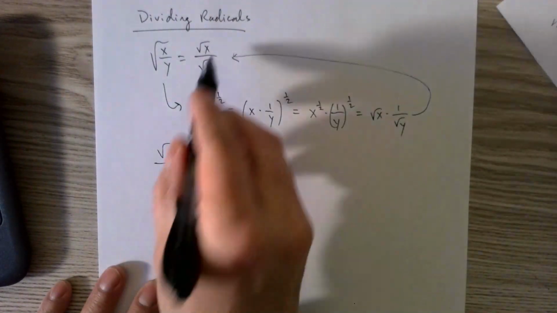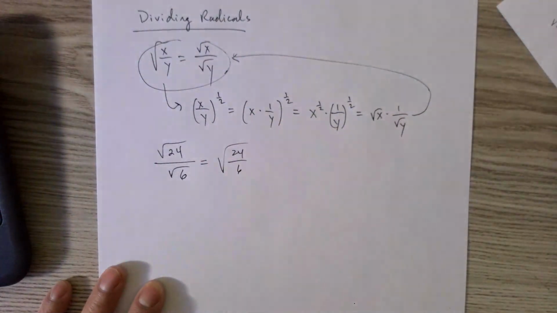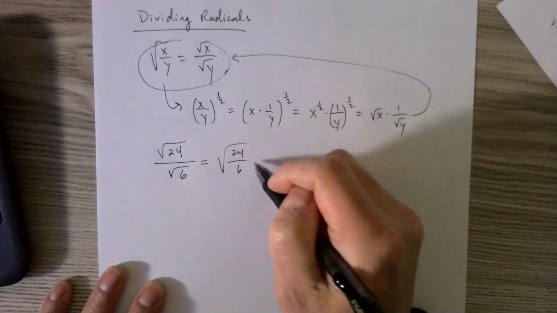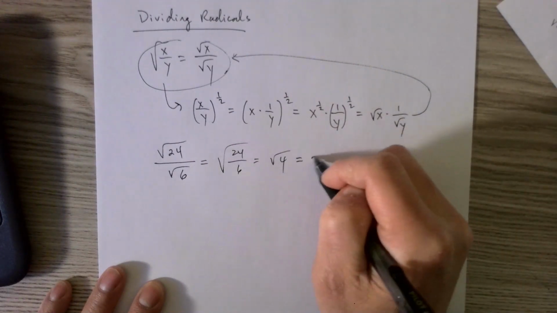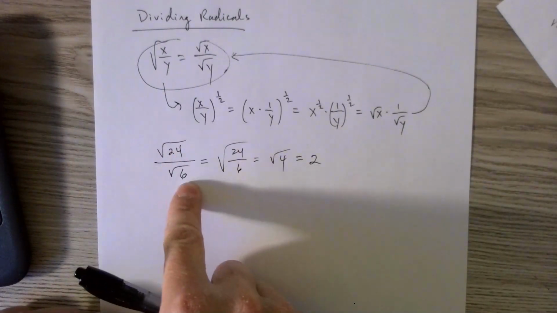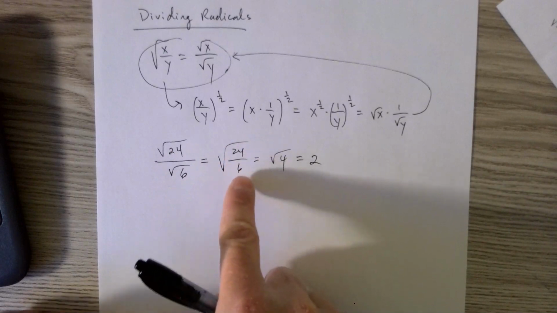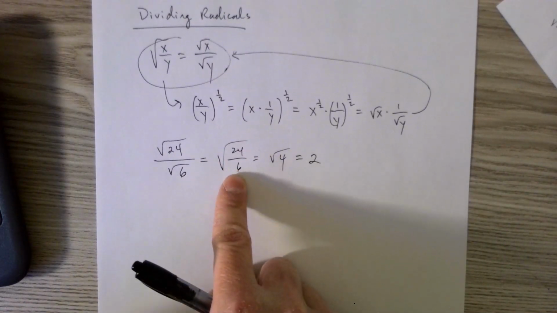So by this rule, I'm allowed to write this as rad of 24 over 6. And 24 over 6 we all know is 4. And square root of 4 happens to be 2. So by putting the entire fraction under 1 rad, it gives me the ability to reduce it, to simplify that fraction.